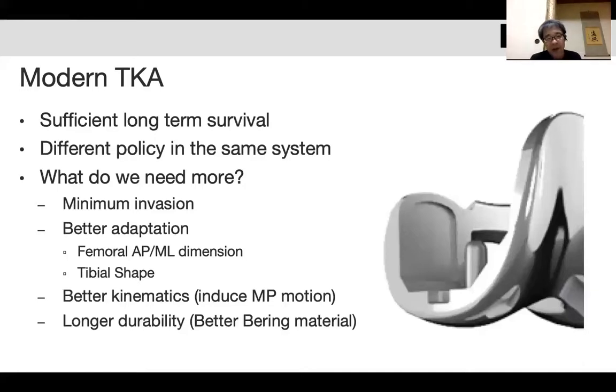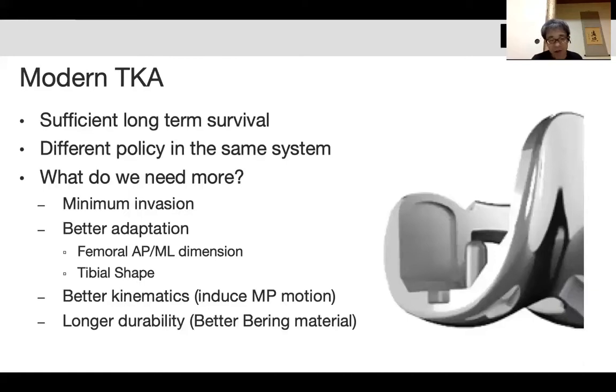But after the PS, not only the lateral condyle but also the medial condyle will roll back simultaneously during knee flexion.